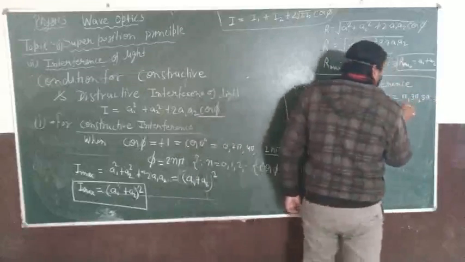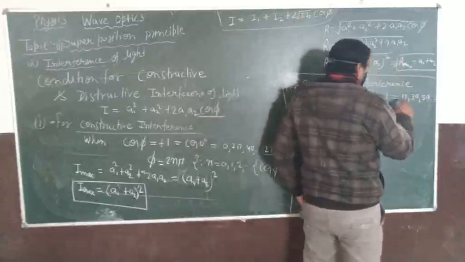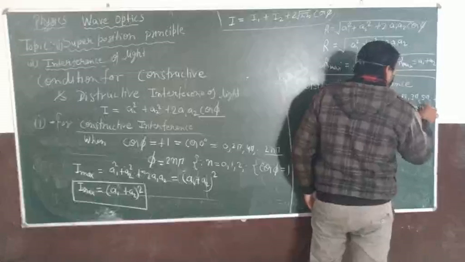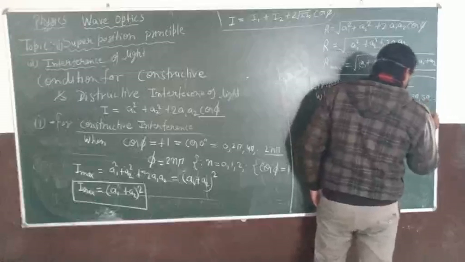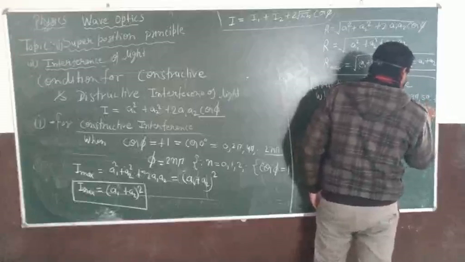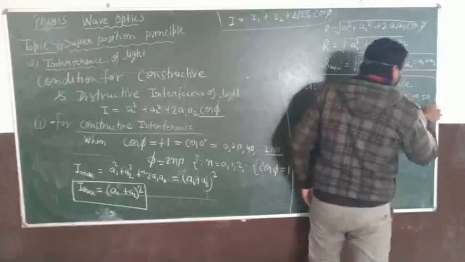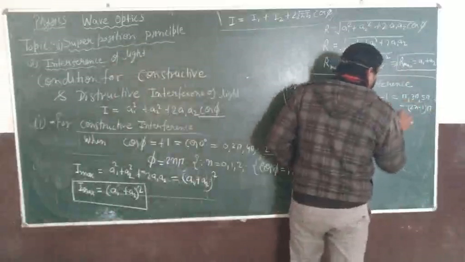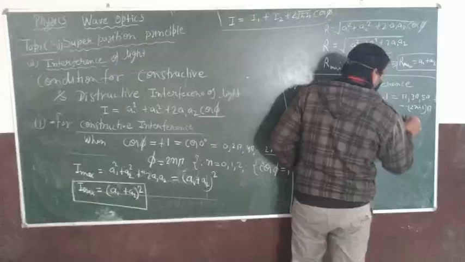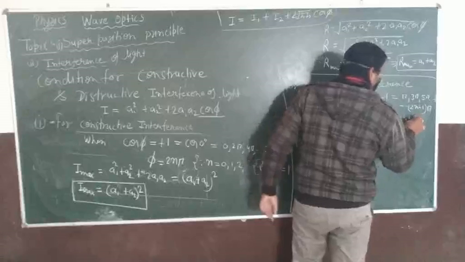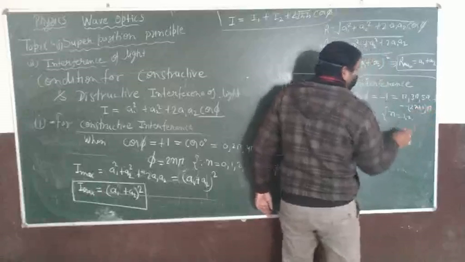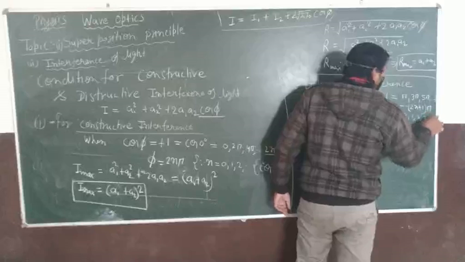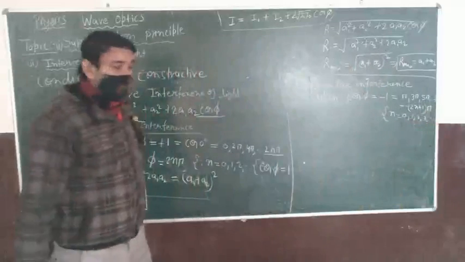Then we find the value of phi is 2n plus 1 pi, where n can start from 0, 1, 2, 3 and so on.